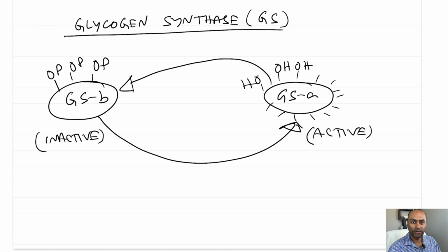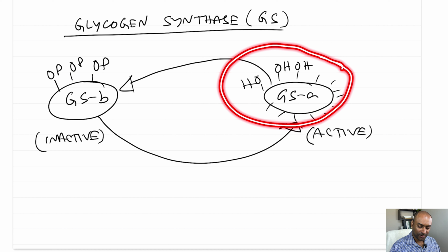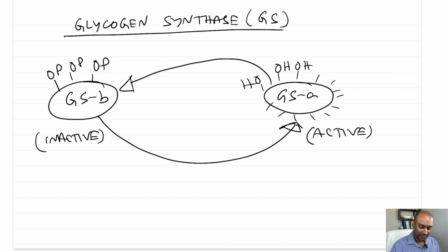Okay, so now we will look at the regulation of glycogen synthase. Glycogen synthase also has two forms. One is the inactive form, which is this, and the other is the active form, which is this. The inactive form is the phosphorylated form. In this case there are 3 OH groups on the surface of the enzyme which are phosphorylated.